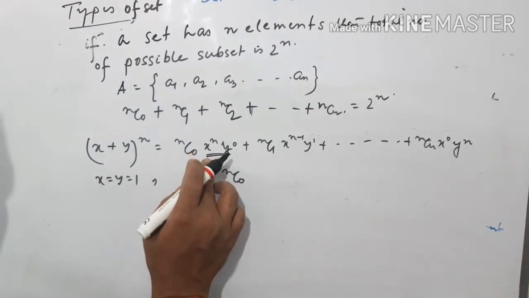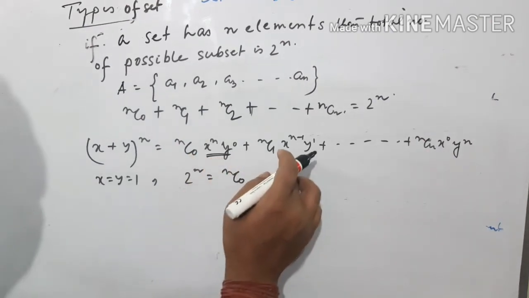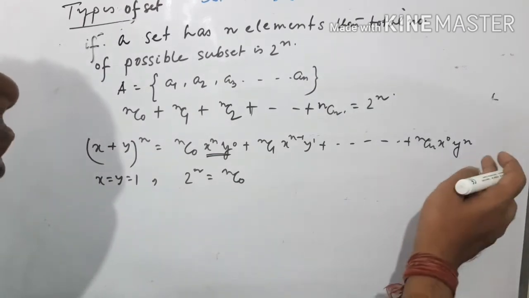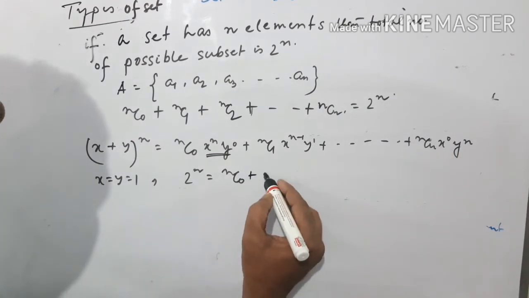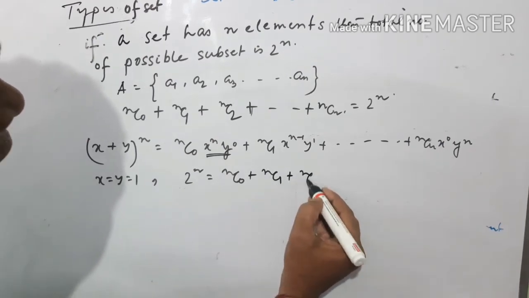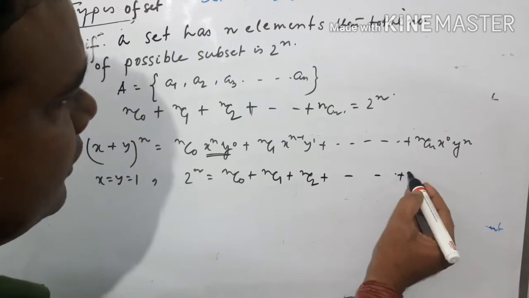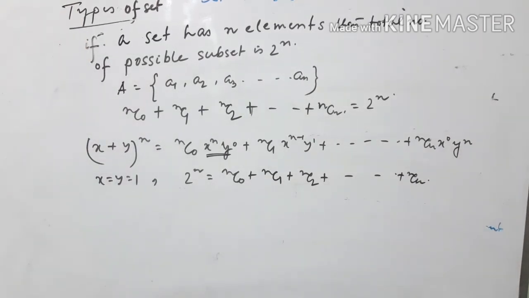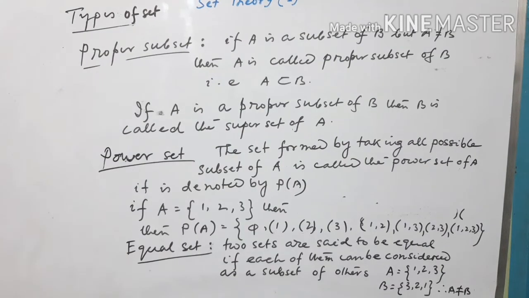That is, x to the power n y to the power 0 is 1, x to the power n minus 1 y to the power 1 is 1. So all of them are 1, and we are getting only the binomial coefficients nC0 plus nC1 plus nC2 up to nCn. This shows that the sum of all binomial coefficients is 2 to the power n. Hence the total number of possible subsets is also 2 to the power n.